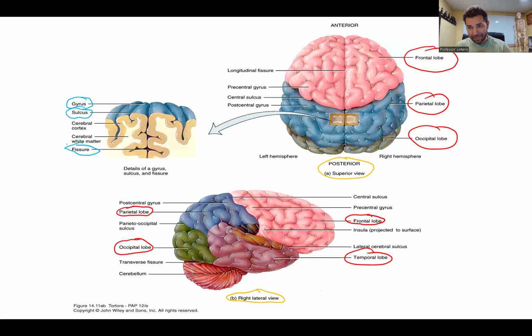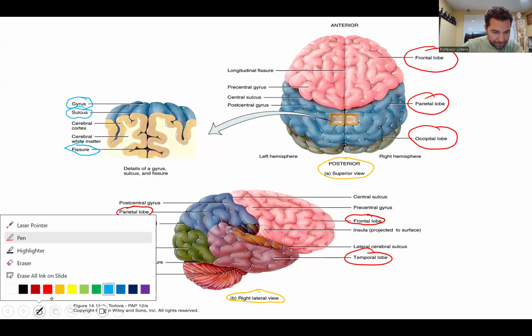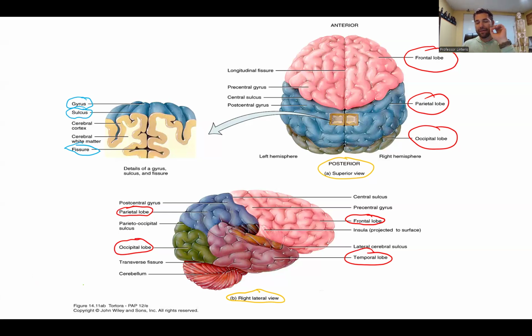Obviously you have to be familiar with the generalized basic regions of the brain: frontal lobe, parietal lobe, occipital lobe, and temporal lobe. We'll try to color code this for you here. You have sulci that separate the different regions. The first sulcus I'm going to talk about, we could see right here, and this is called the lateral sulcus.